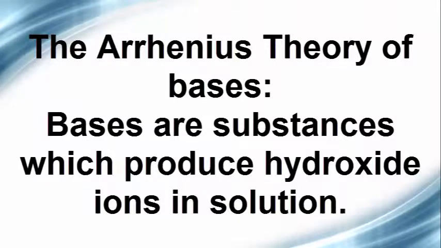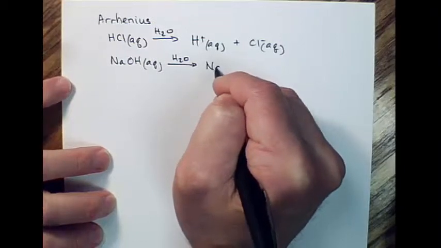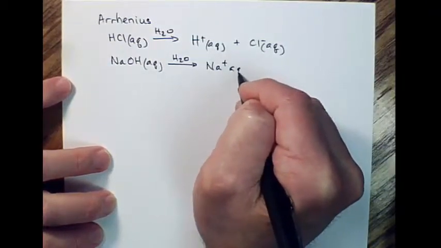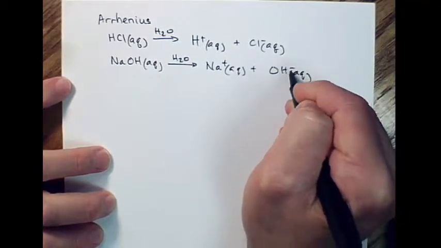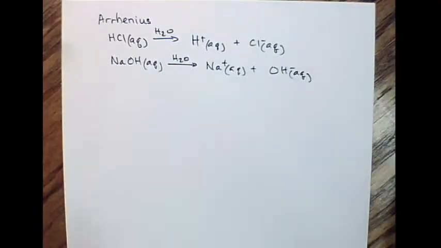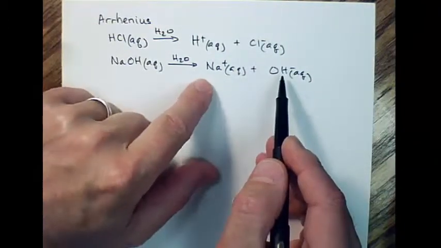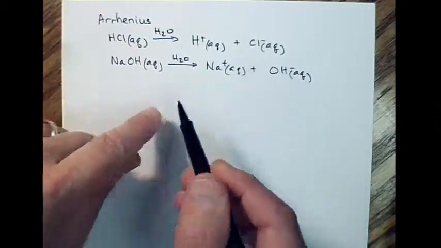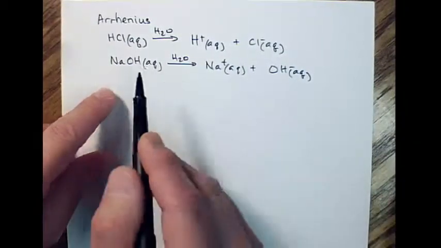Then in the Arrhenius definitions of acids and bases, the bases are considered those species that donate hydroxide ions to a solution. So something like sodium hydroxide does this. When we were doing complete and net ionic equations, we dissociated sodium hydroxide in this fashion and put that into a complete ionic equation and then found the net ionic equation.